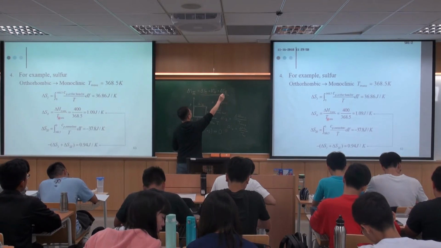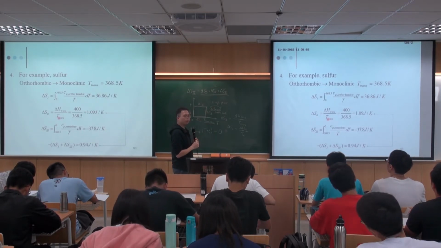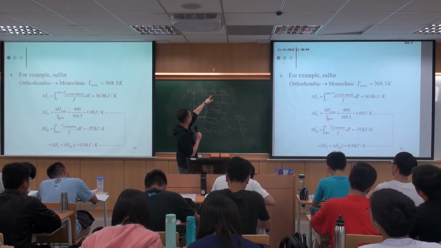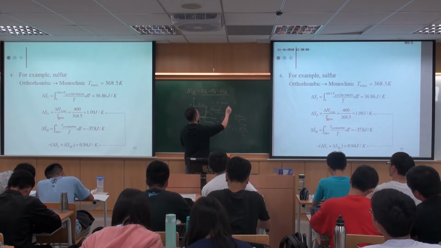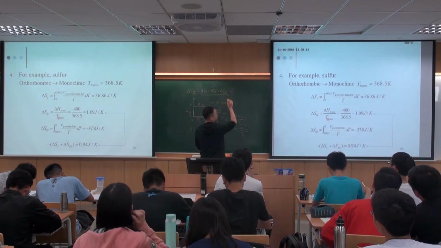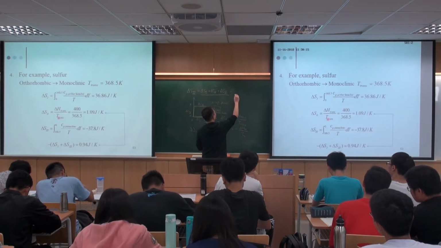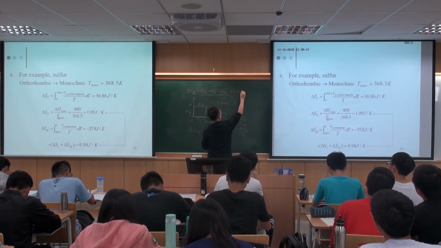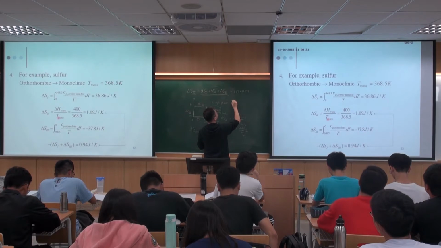And these two can be calculated by the Cp of alpha and beta phase respectively. And this can be calculated by this expression. And we realize that this is, say, 0.94. Let's say this is how much?